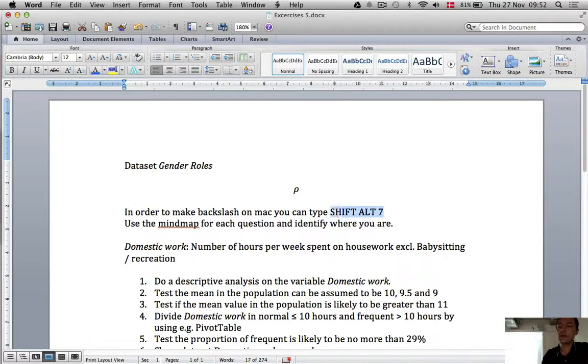Does it work? Shift alt 7 not? Yeah, only on Mac. On Windows you have a dedicated backslash button. Yeah, use Alt Gr or Alt in order to get a backslash.